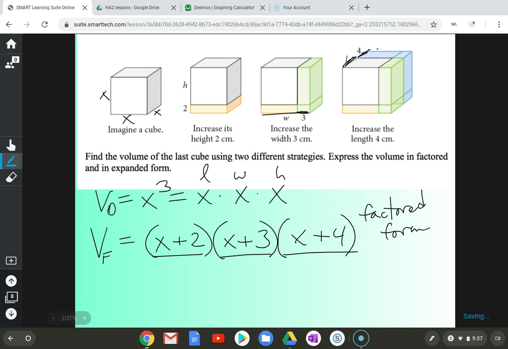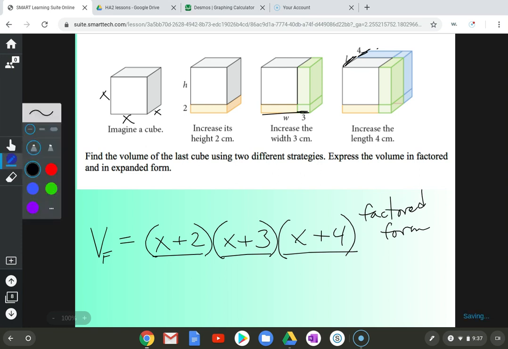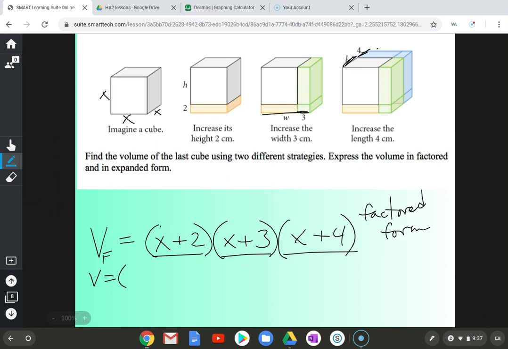If we wanted to write this in expanded form, I'm going to erase this, give myself a little bit of space here. I will try to write small here. So if I multiply these two binomials together, I'm just going to distribute x times x plus 3.